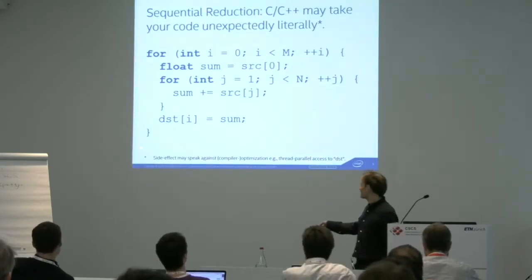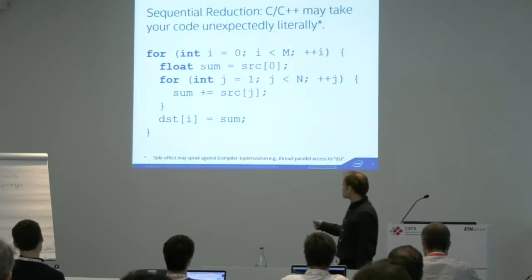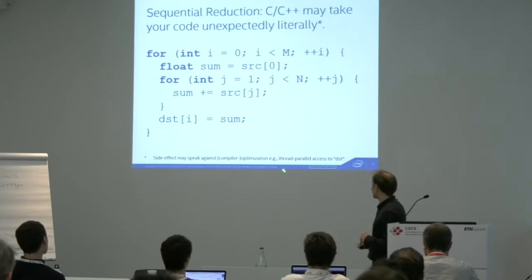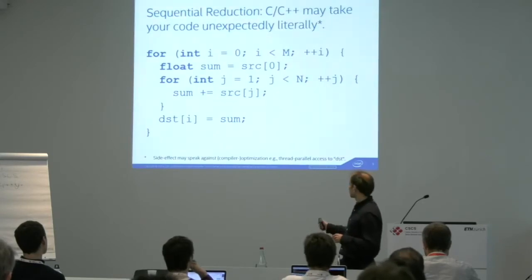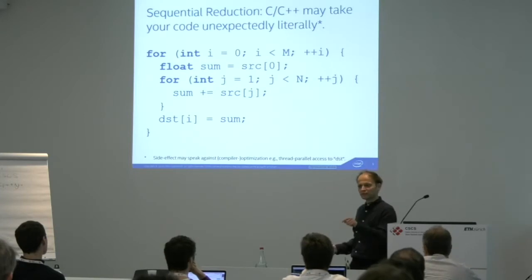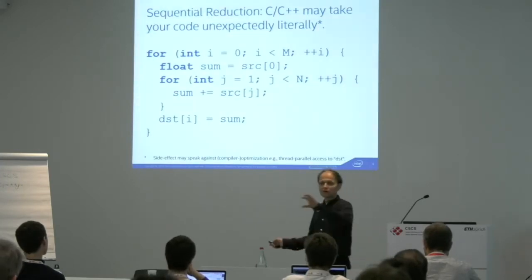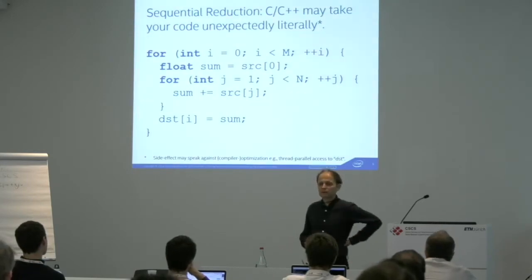The side effect may speak against compiler optimization to just do that for you, right? There is no reason that a compiler would not hoist that for you rather than letting you write that code on your own. But the reason could be that it had to assume that this is running thread parallel, and writing to that memory destination needs to happen. You want that, right? Here you only do one write, and maybe that same procedure runs in parallel on a different core, and it writes into the same memory, the same array, right?